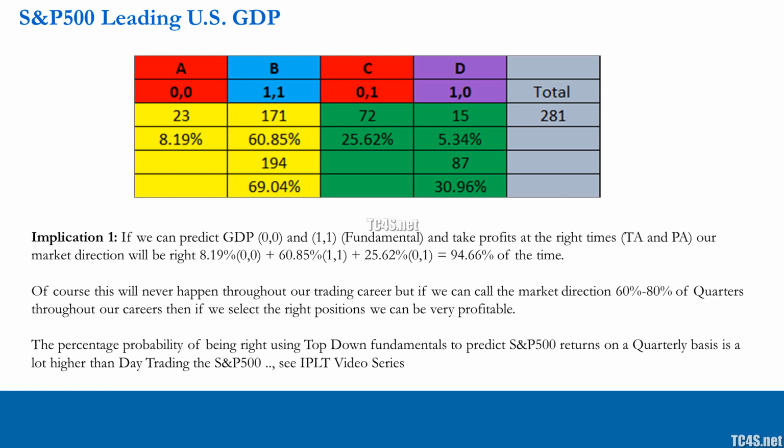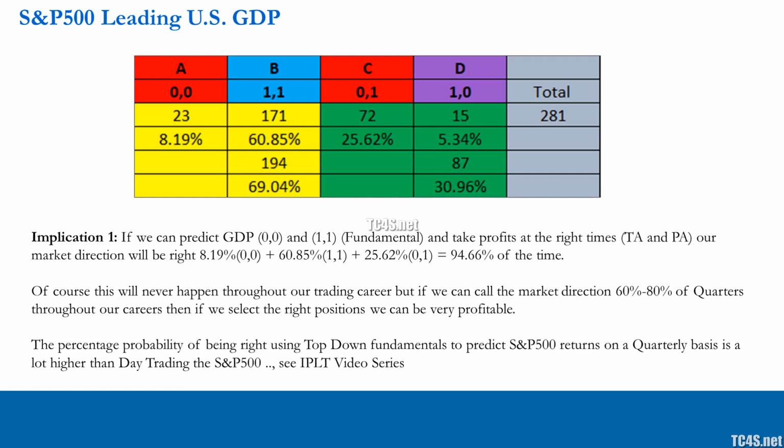Now, if you've done the IPLT video series, you will have seen all of the different time horizons where we looked at various methods to calculate odds and outcomes. Okay. And one of them was day trading and day trading the S&P 500. You'll know that's essentially 50-50 throughout time.